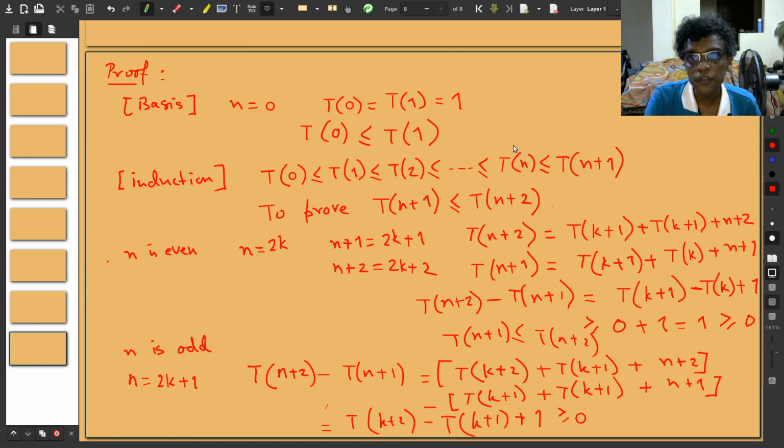So no constant can bound it. Therefore, it's a good idea that I assume that this holds for all 0, 1, 2 up to n. Okay. And then we will see many more applications of such a strong assumption, the strong form of induction, in later classes.